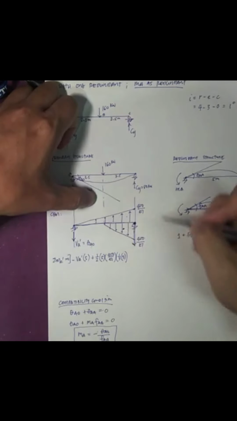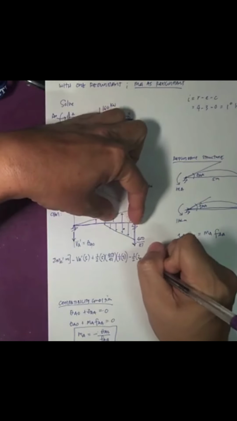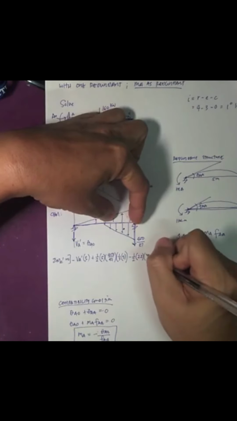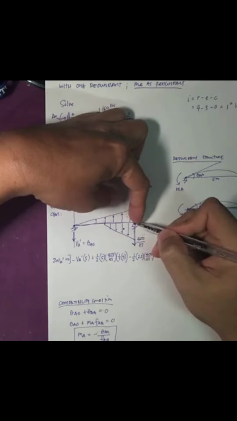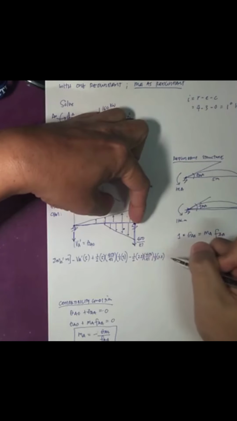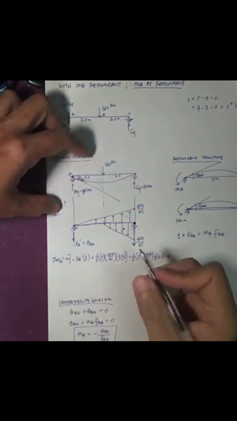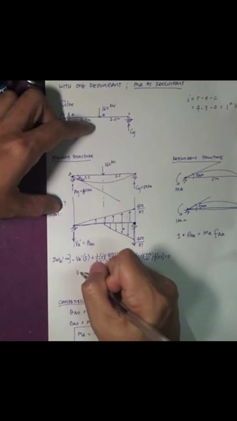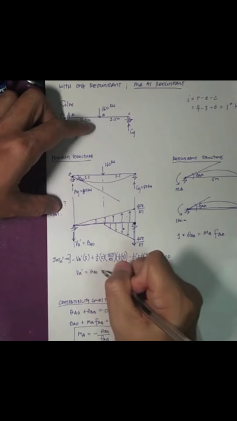So the rotation would be counterclockwise, so minus triangle 1/2, the base here is 2.5 and the height is 400 over EI, then the centroid distance from here is 1/3 of 2.5. Okay, so everything should be equal to 0. So from this equation, we're going to solve for the VA prime, and that will correspond to the theta AO.